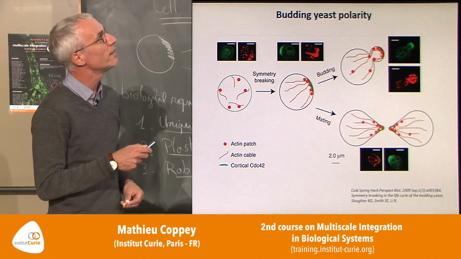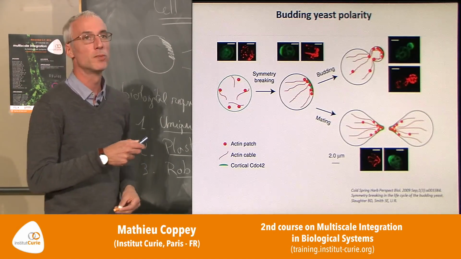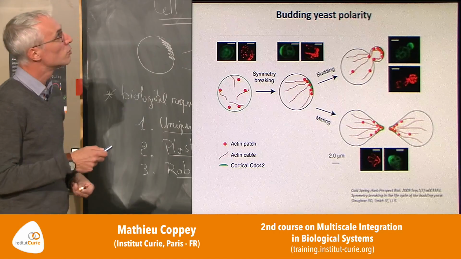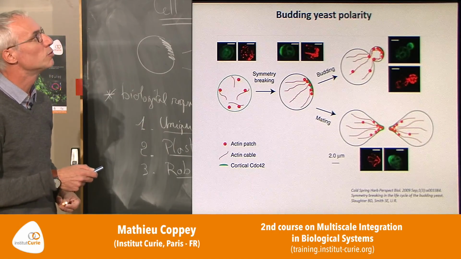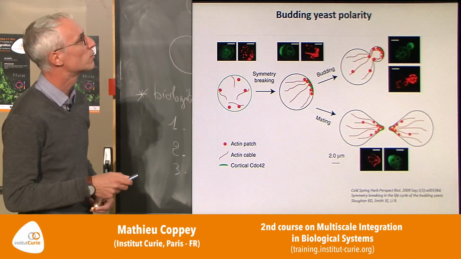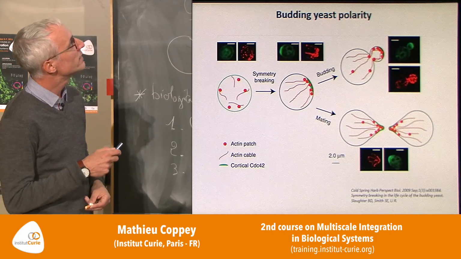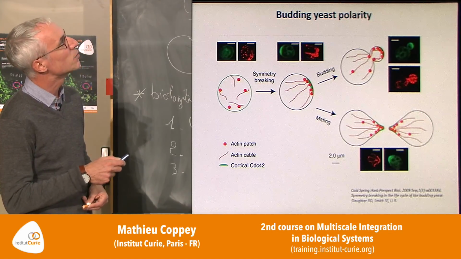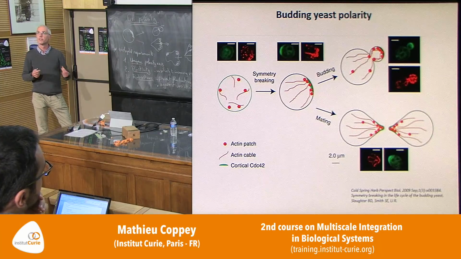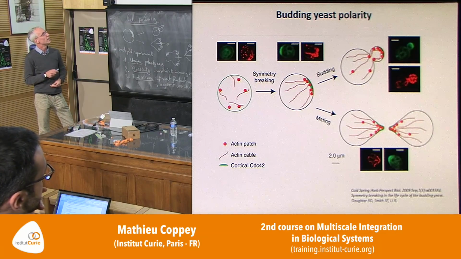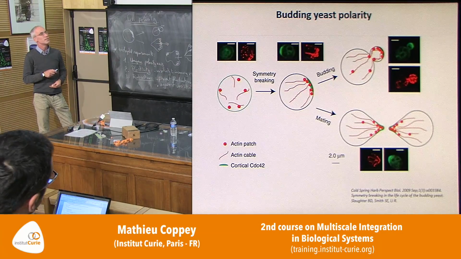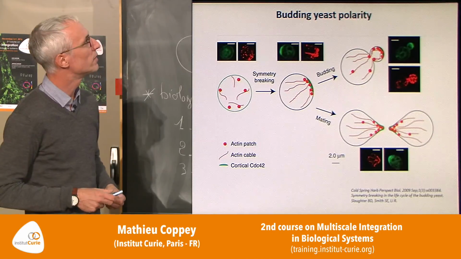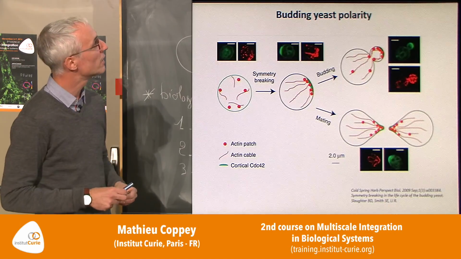First, because it needs to divide, to make a bud, to make a new yeast cell, and also when it does mating, when it needs to schmoo and find a partner for sexual reproduction. And this first event of symmetry breaking that will define a patch somewhere on the side of the cell depends on an important player which is called CDC42. It's a GTPase. I will come back to GTPases a bit later as well.